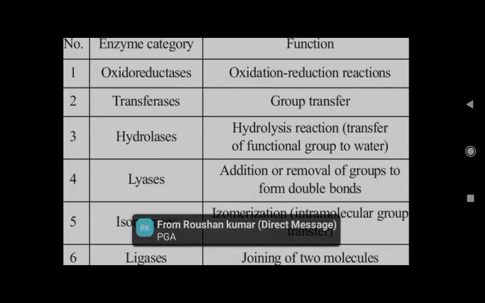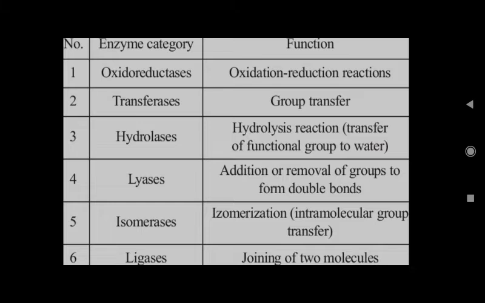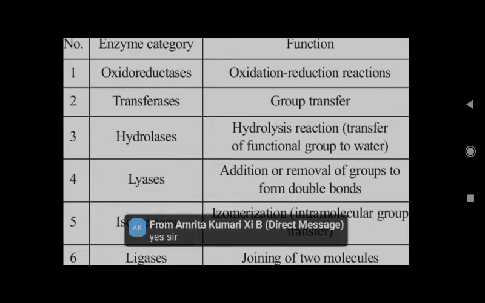You have written pyruvate. Pyruvate is not the first stable product of the C3 pathway. The C3 pathway is called C3 because the first stable product, PGA, phosphoglyceric acid, is a 3-carbon compound. Okay? Is it okay, Amrita? Okay, fine.